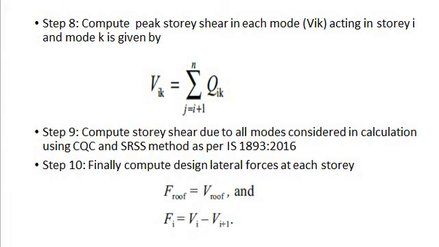Here CQC is the complete quadratic combination and SRSS is the square root of sum of squares. In the next step, finally we compute the design lateral forces at each story level.